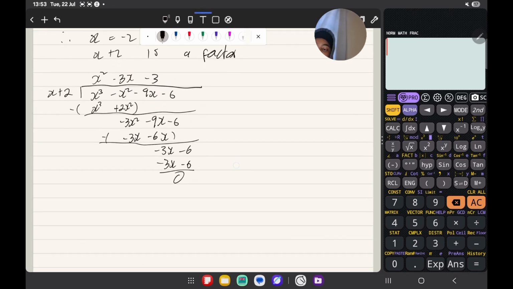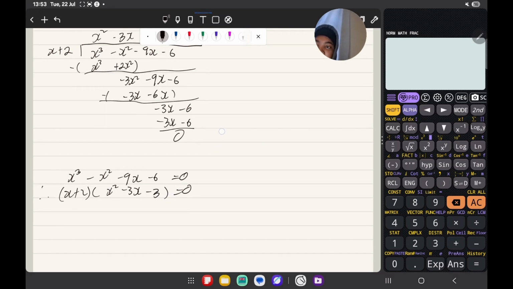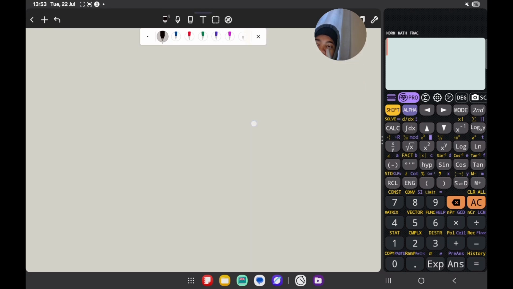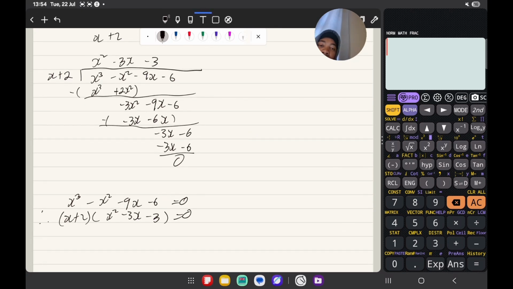So we're still good. We then say therefore, no, not therefore yet, x cubed minus 9x minus 6, right? You then say therefore x plus 2 times x squared minus 3x minus 3.